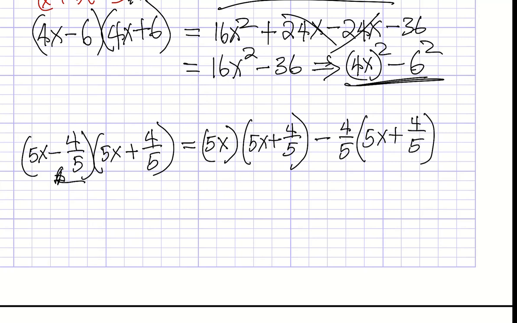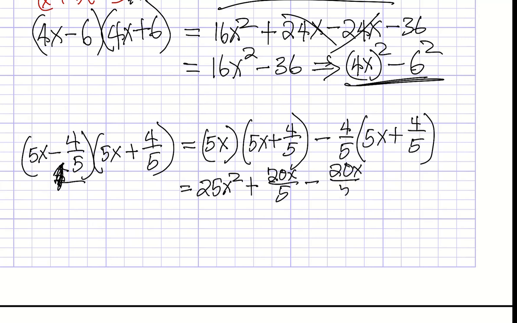See what I did? Because I'm using that negative 4 over 5. So you simplify that. If it helps you, do it like this. It's 25x squared plus 20x over 5 minus 4 times 5, 20.